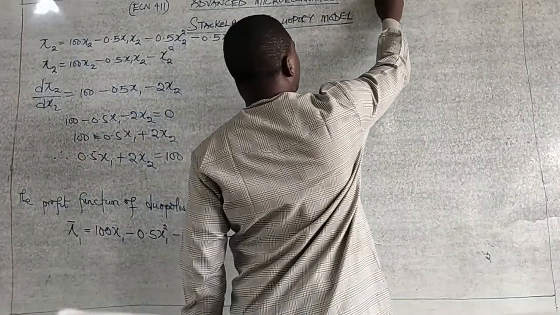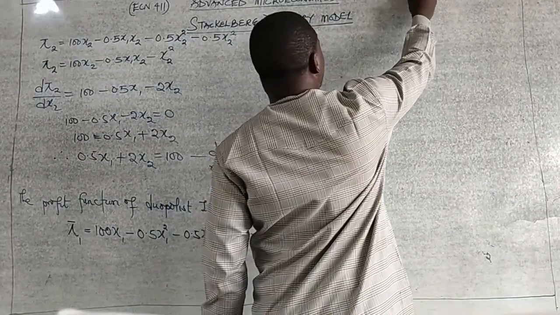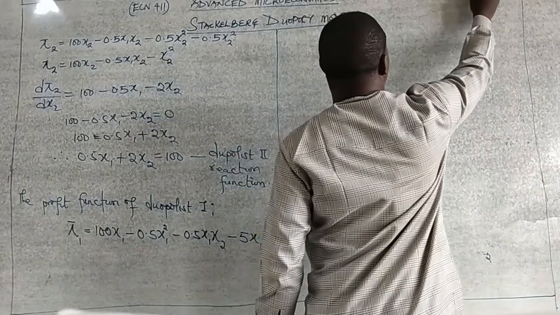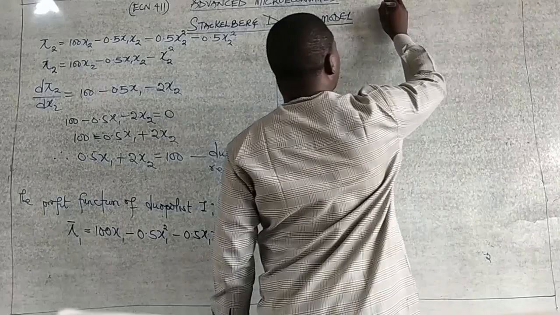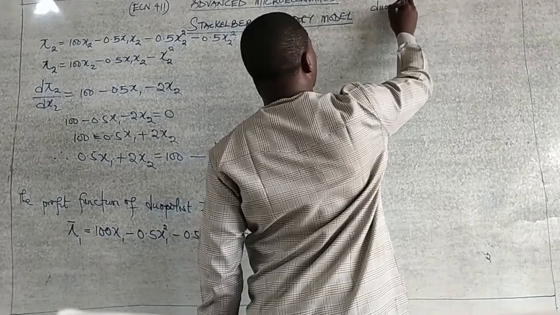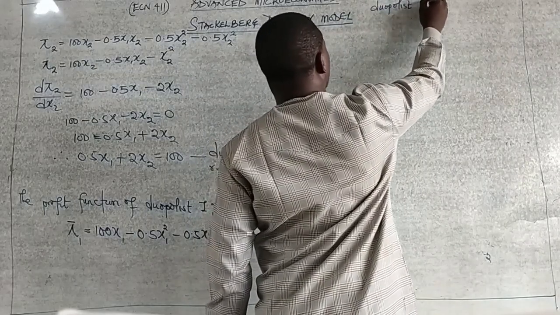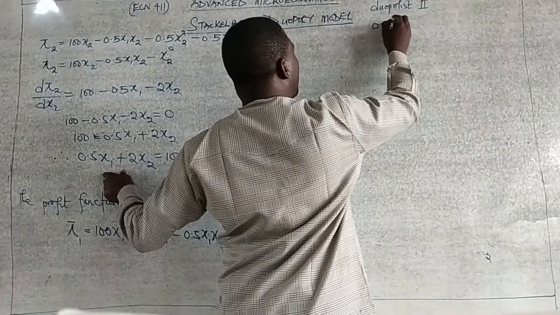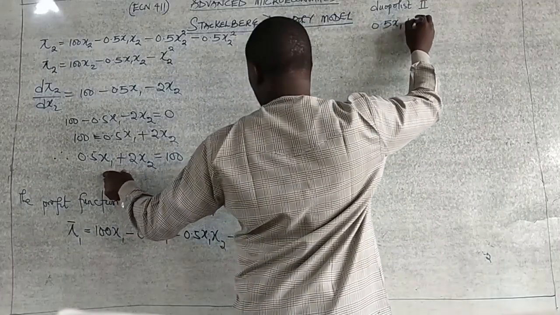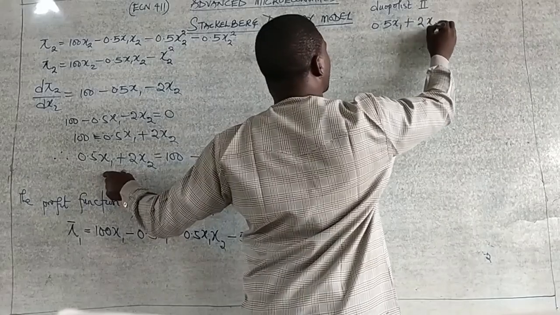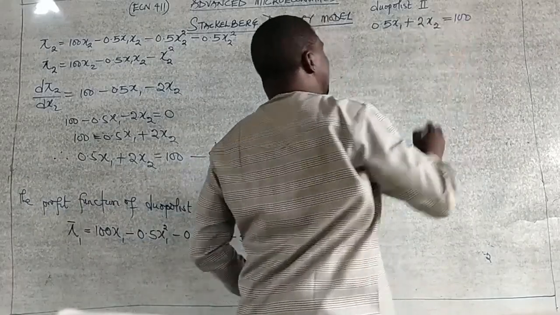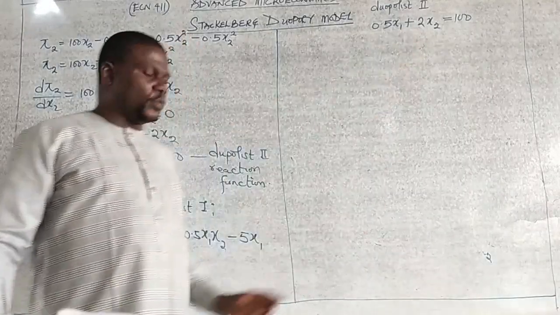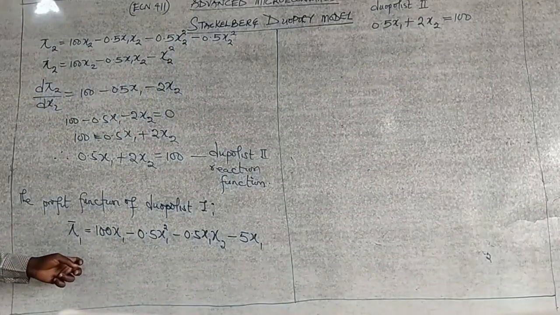From the reaction function of duopolist 2, what's the reaction function? 0.5x1 plus 2x2 equals 100. We want to make x1 the subject of formula, and then we substitute it inside this profit function.